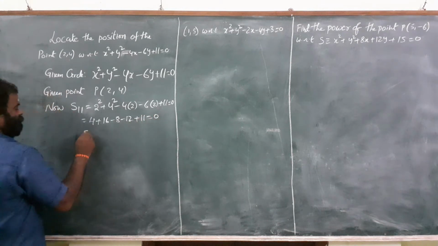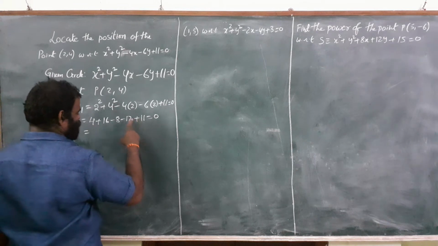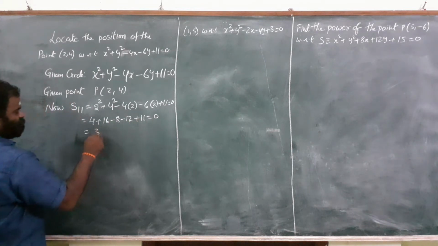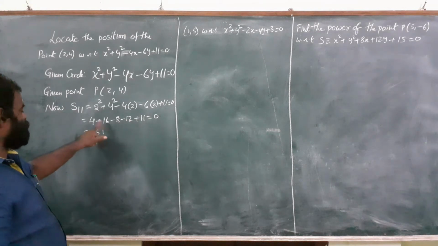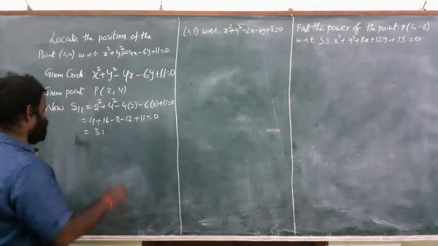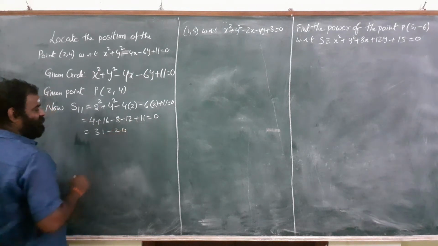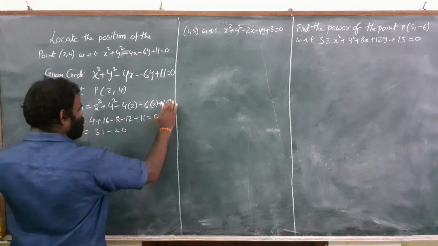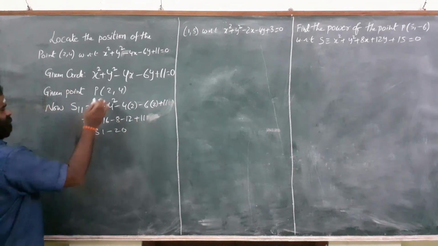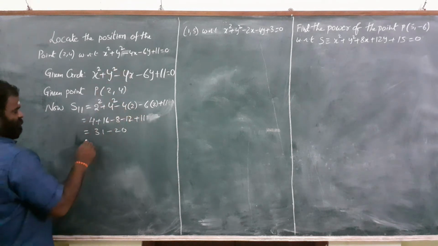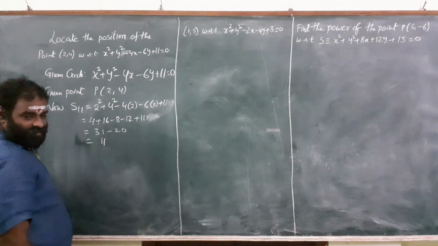By adding all the positives, 4 plus 16 is 20, 20 plus 11 is 31, and minus 8 minus 12 is minus 20. There is no need of writing equal to 0 here because we have to find only S11. We get 31 minus 20, which is 11.